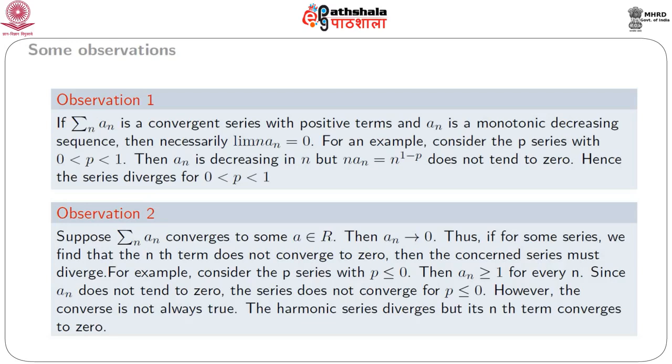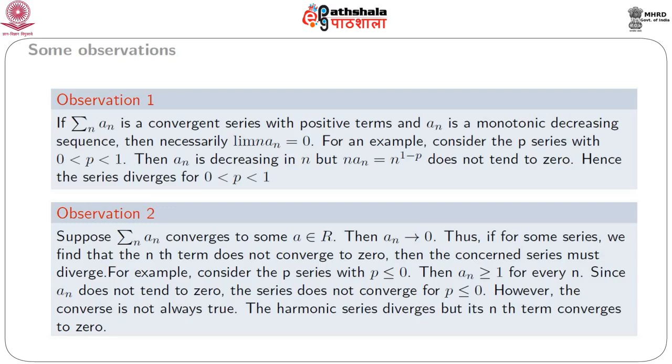That is, the above fact, that is limit of n multiplied by an equals 0, gives an alternative to check whether a series is convergent or not. So let us pass on to our next observation. Suppose summation an converges to some real number a, then an tends to 0. Actually, the proof is very simple.